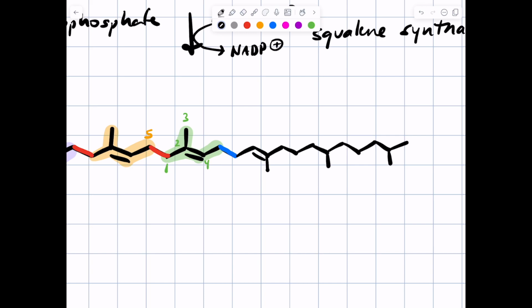Normally, terpenes are linked together in head-to-tail fashion, such that the carbon number 5 of one isoprene unit is connected to carbon number 1 of the other isoprene unit.